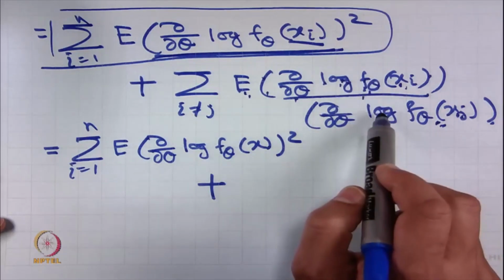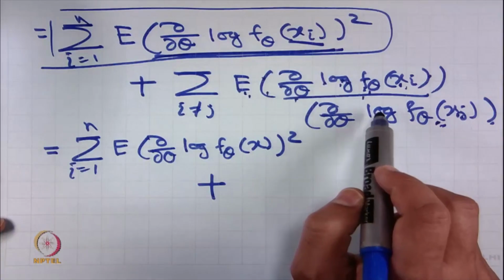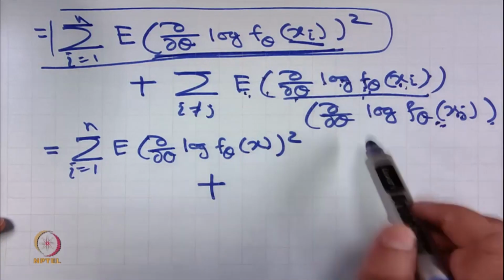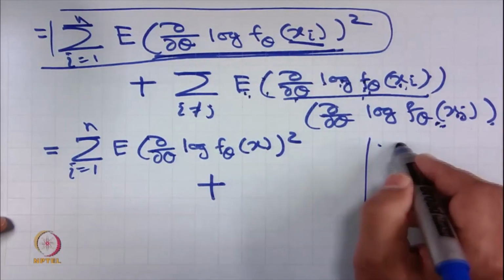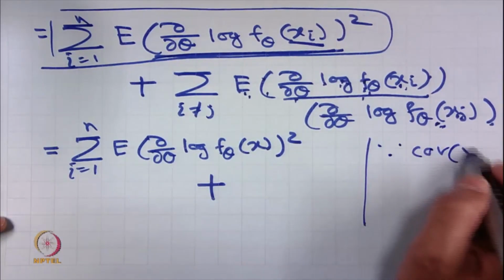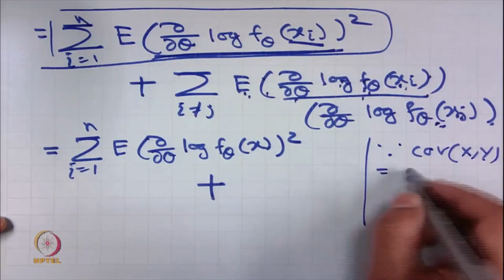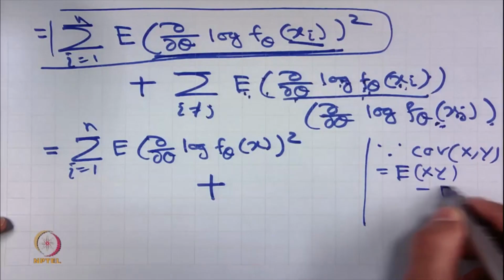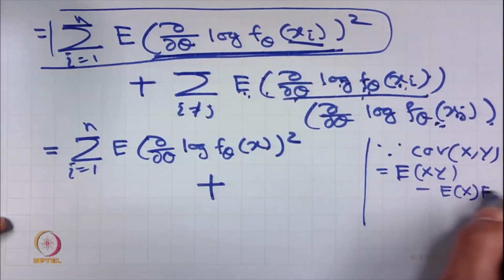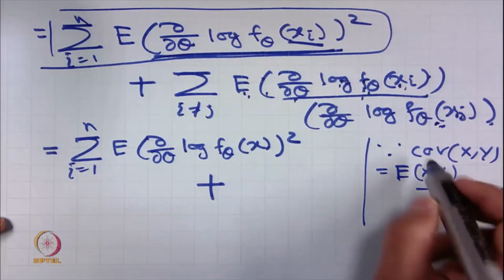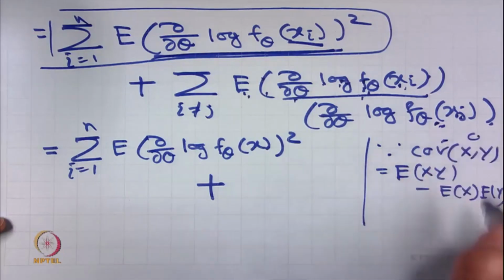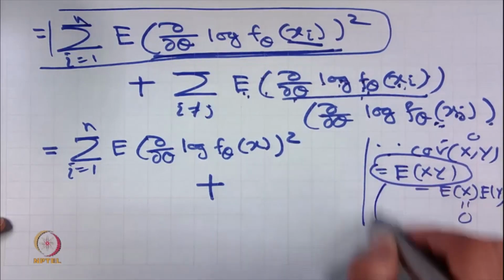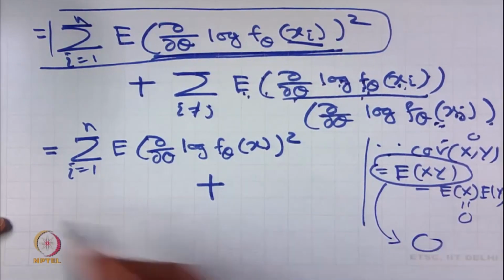Therefore, their covariance is 0. Moreover, their individual expectation is 0, and therefore, since covariance of x y is equal to expected value of x y minus expected value of x into expected value of y, in this case we find this is 0, this is 0, therefore, expected value of x y is also going to be 0.